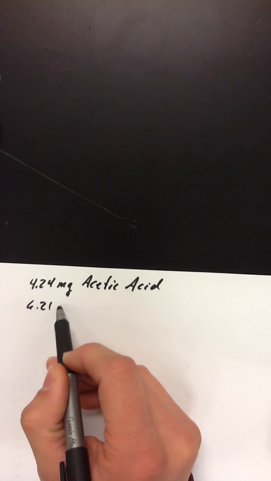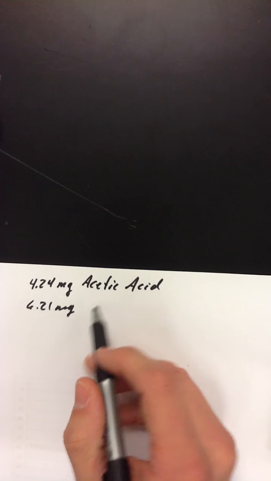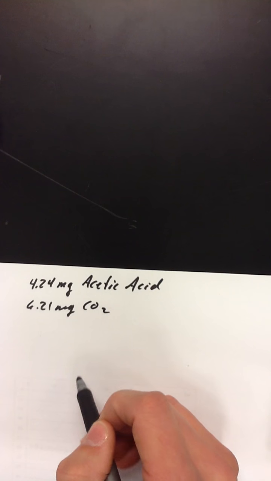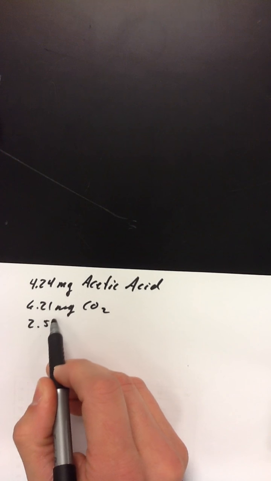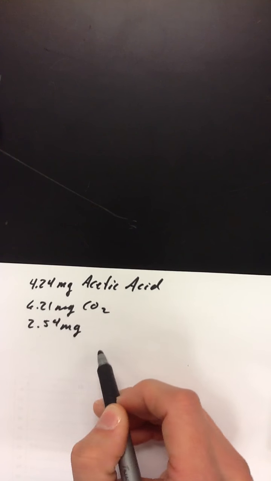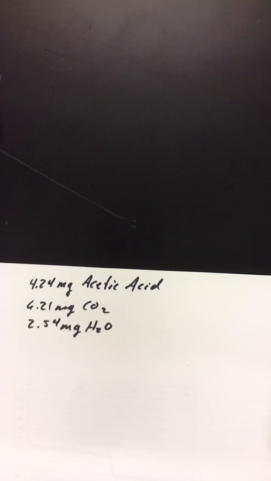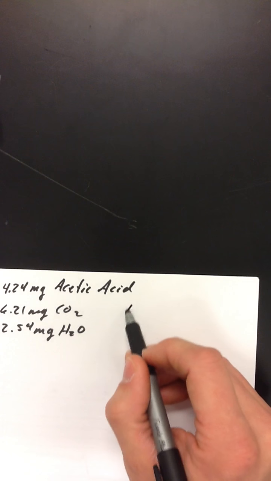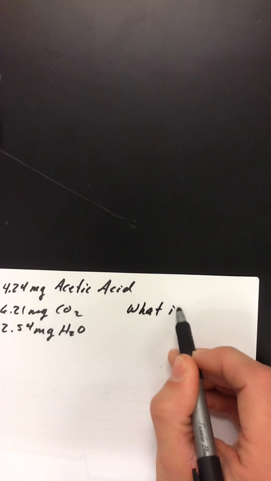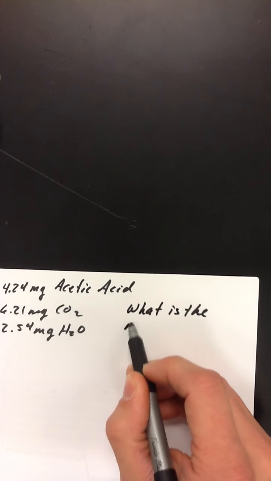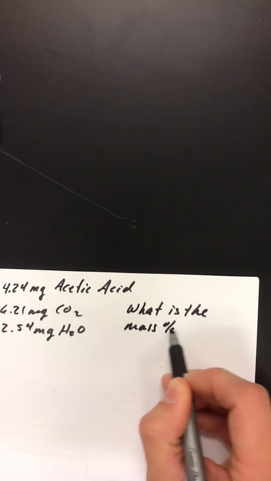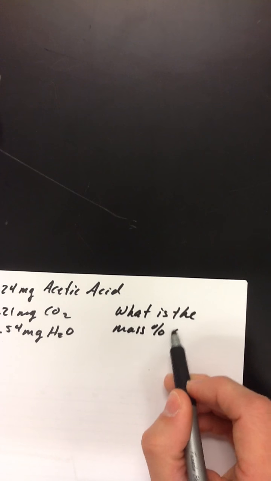This acetic acid is completely burned in a combustion chamber, and we get 6.21 milligrams carbon dioxide and 2.54 milligrams of water. We are asked to find the mass percentage. So the question is, what is the mass percent of each element?